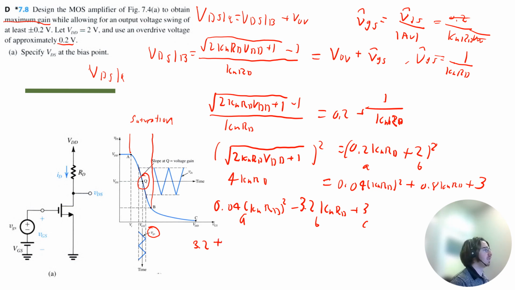Never do the minus sign. It just always works out that way. So plus the square root of B squared, 3.2 squared, minus 4 times A times C, all over 2 times 0.04.